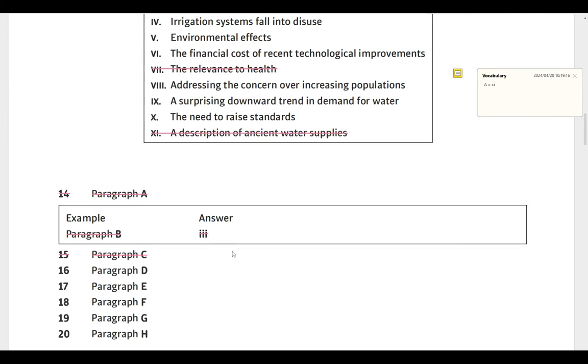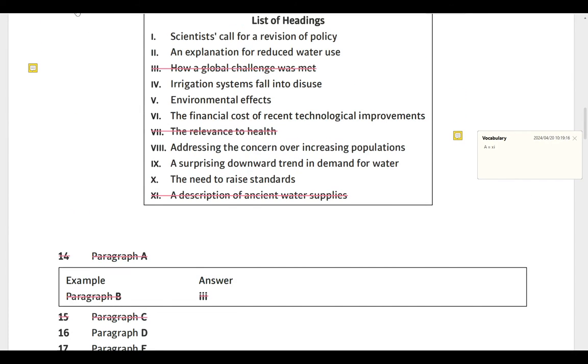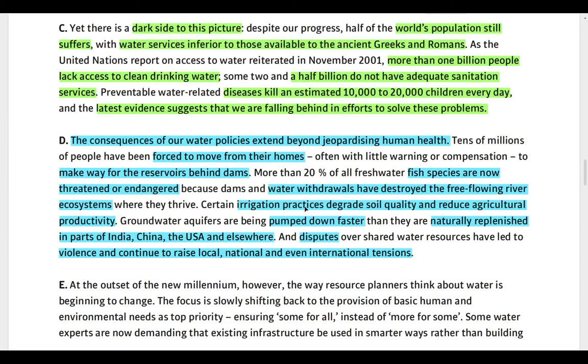So paragraph D tells something related to the environment. As you can see, irrigation practices degrade soil quality and reduce agricultural productivity. That's number one. Another is related to fish species, which are threatened or endangered, leading to mass extinctions of fish, because the free-flowing river, a river that is there naturally, is destroyed, pretty much where fish swim.